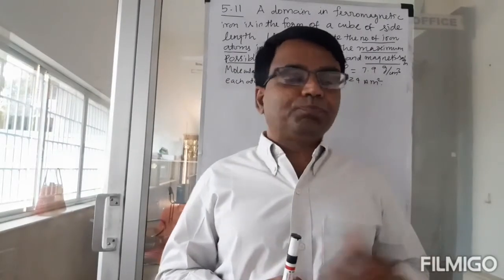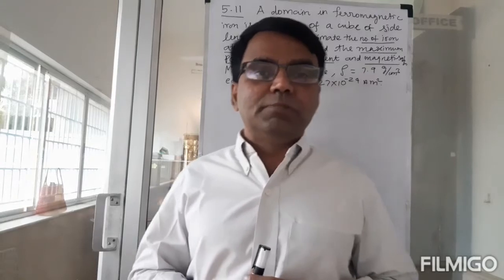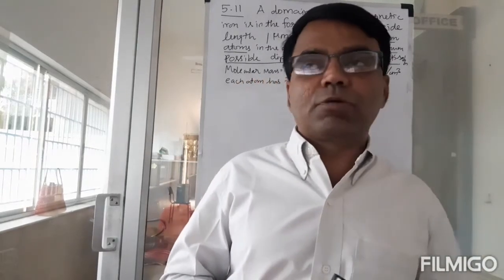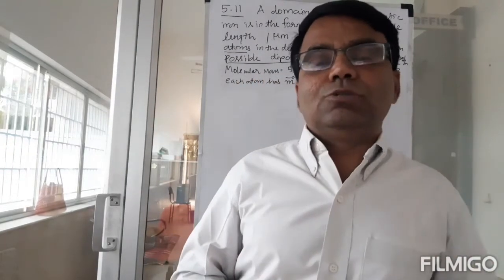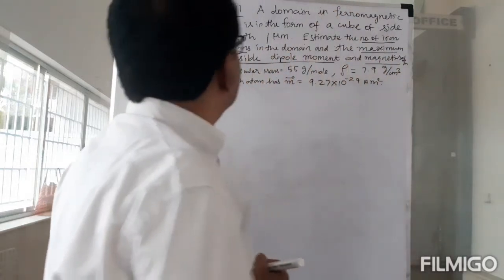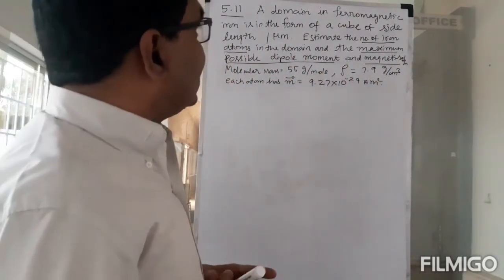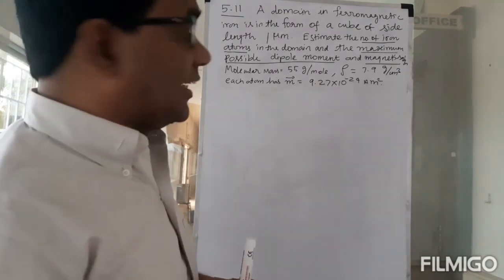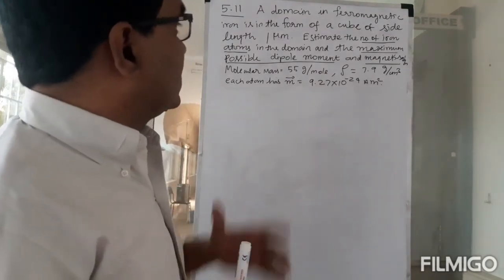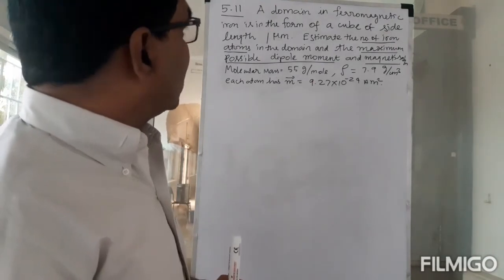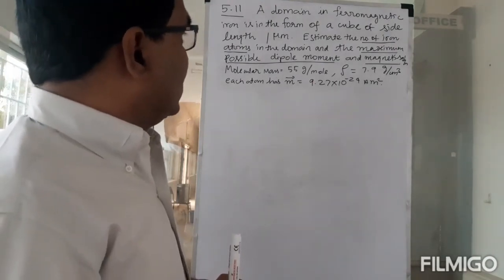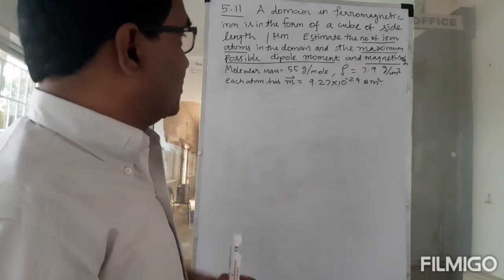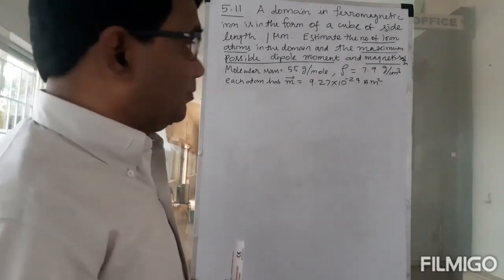Now let's do the example problem 5.11. Let me read the problem first and then go on to do it. A domain in ferromagnetic iron is in the form of a cube of side length 1 micrometer. Estimate the number of iron atoms in the domain and the maximum possible dipole moment and magnetization.